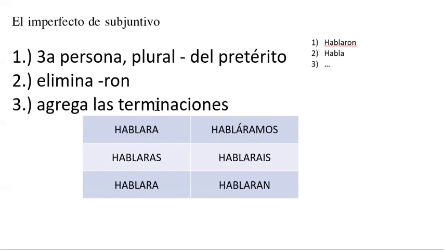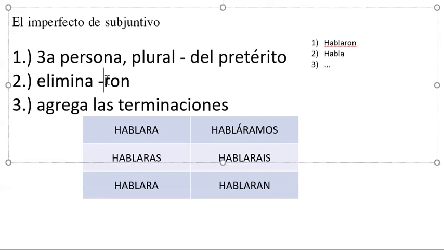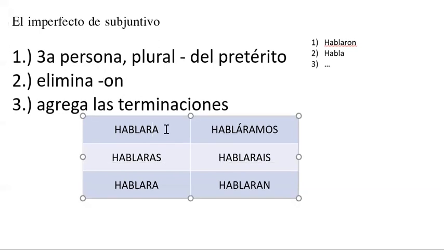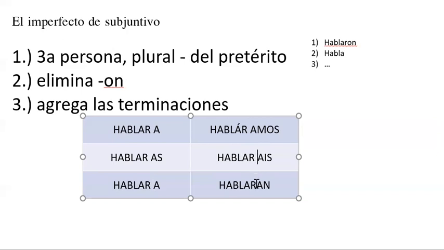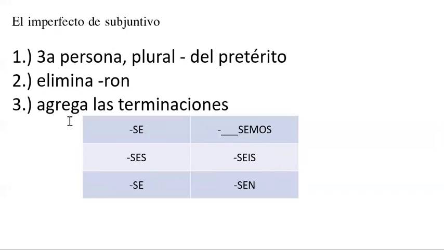So if you want to simplify this rule, then you could just theoretically say, get rid of the O and N, and then when you add your endings, you're going to add the as, amos, ais, and an. And those endings are simpler for sure. Of course, still keeping in mind the accent mark rule.